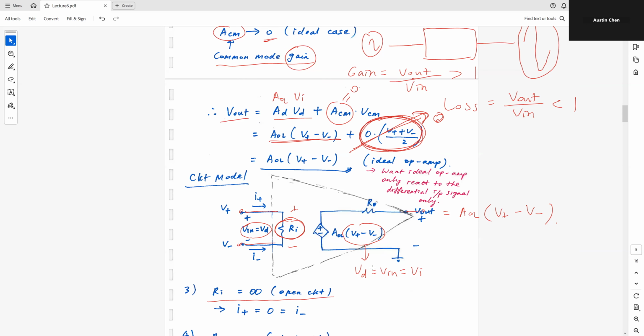So I can say something about the current flowing into this op-amp. If Ri is equal to an open, then the current I plus and the current I minus going into this Ri will be equal to 0, because no current can go into an open circuit. So I plus is equal to 0, and I minus is also equal to 0, because Ri is equal to infinity in an ideal sense.